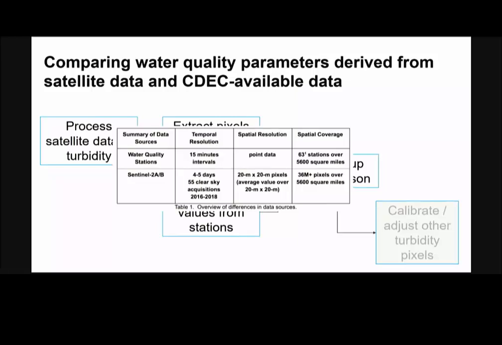Instead of point data, you're looking at pixels, so an average over, for example, 20 meters by 20 meters. And then instead of 63 to 100 stations, we're now looking at 36 million pixels or points that you could potentially use to better understand the water quality conditions of that particular acquisition.